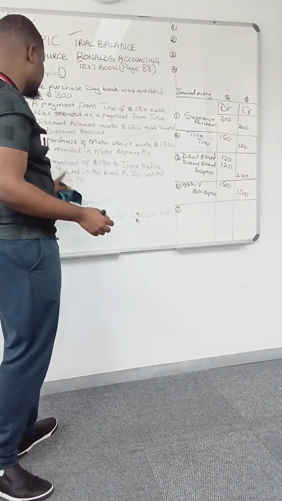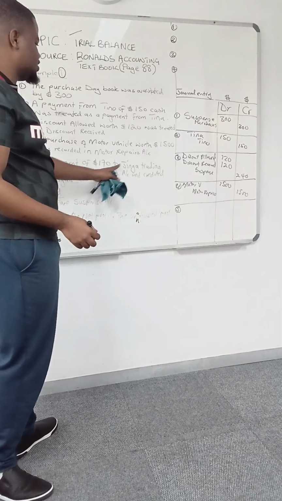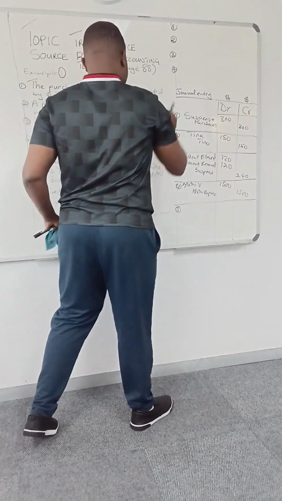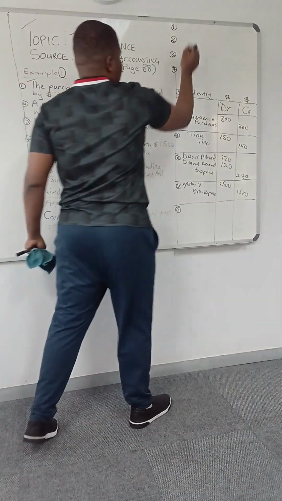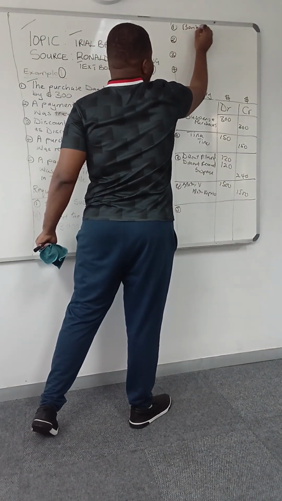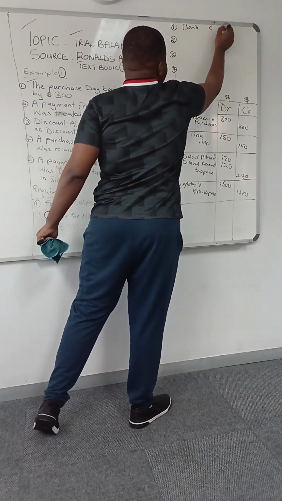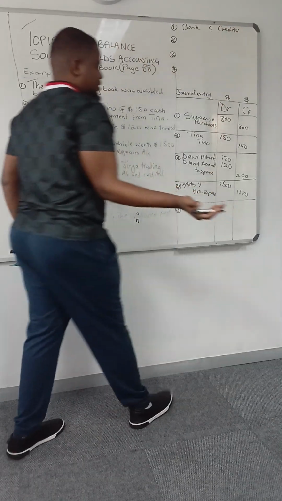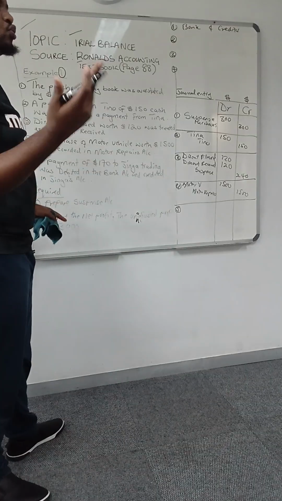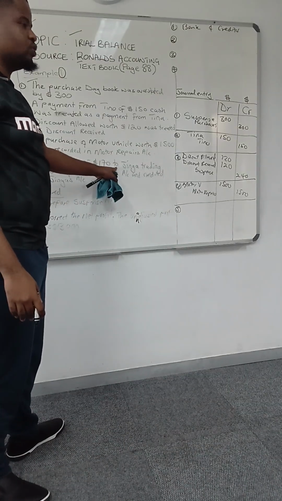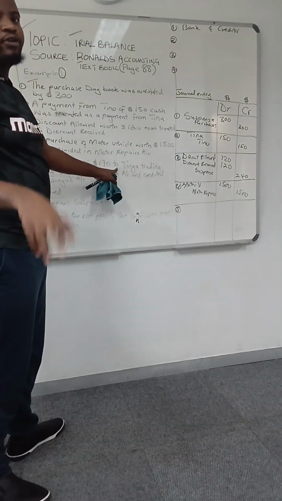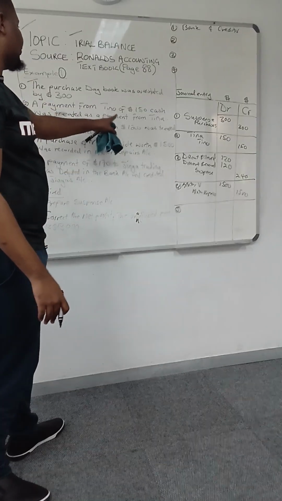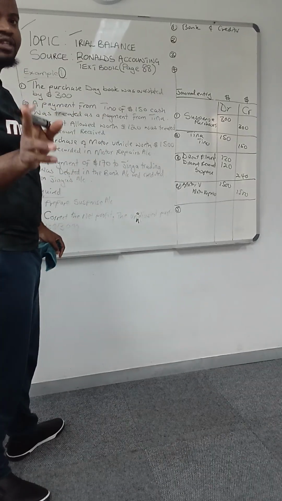So let's identify 2 accounts. A payment of 170 to Jinga. So once we paid using what? Bank. So there's bank account and Jinga. Jinga is our creditor. You can write Jinga or creditor because a payment, remember, goes hand in hand with the creditor. From goes hand in hand with the debtor.